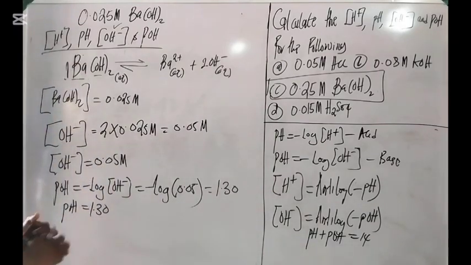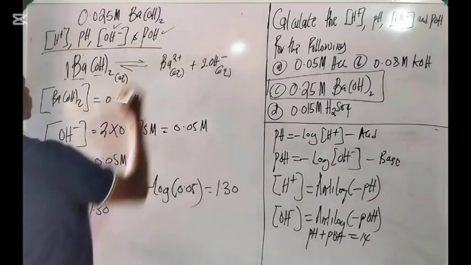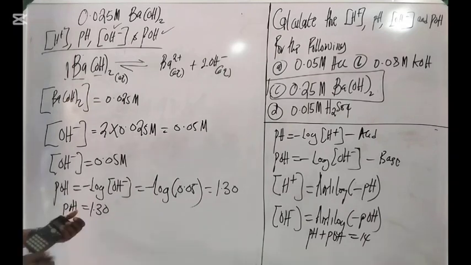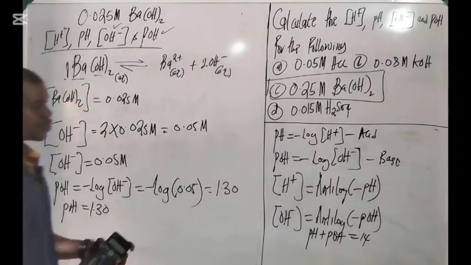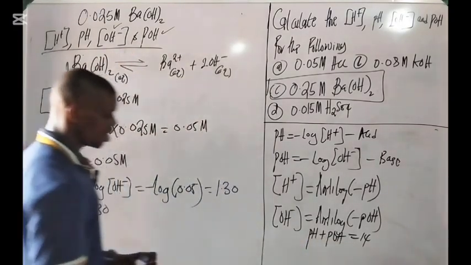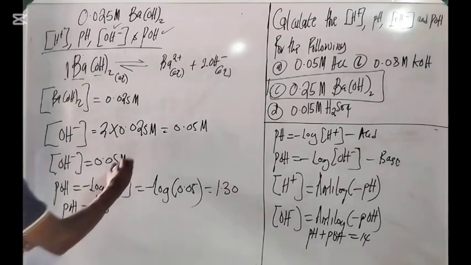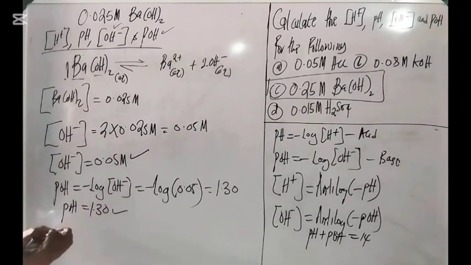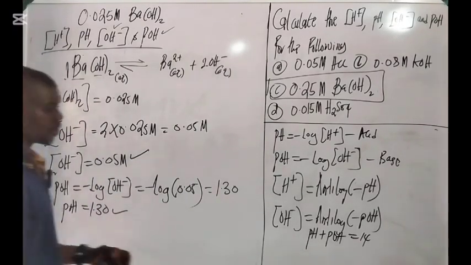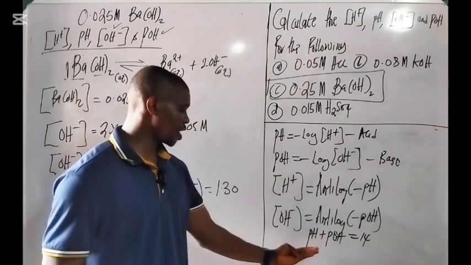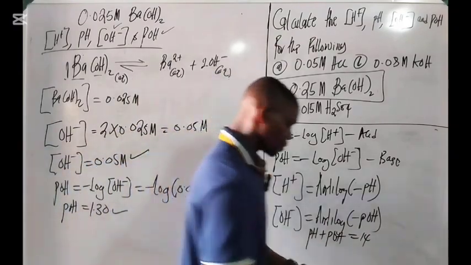Now I've gotten this one. What else can we easily calculate? I have a relationship between pH and pOH, right? So I can easily calculate my pH, because pH plus pOH equals 14.